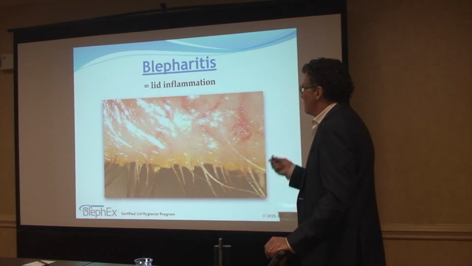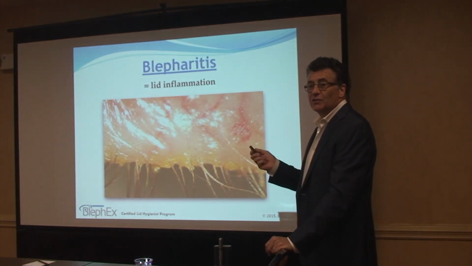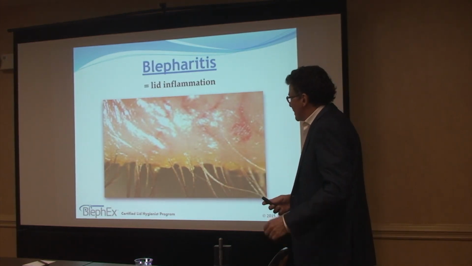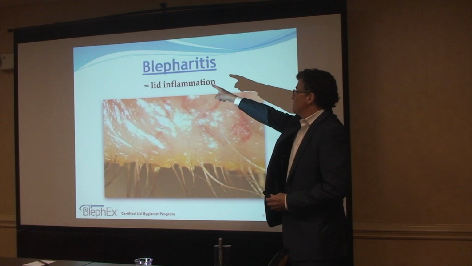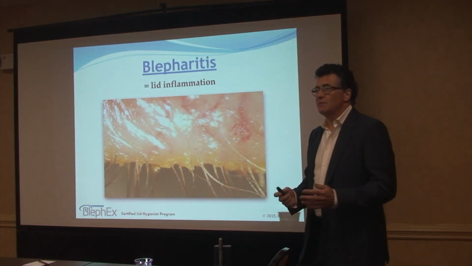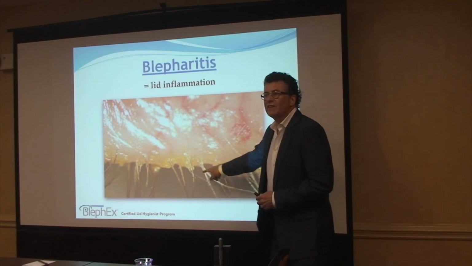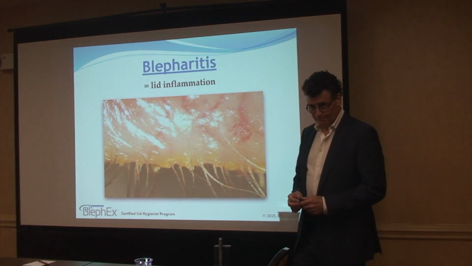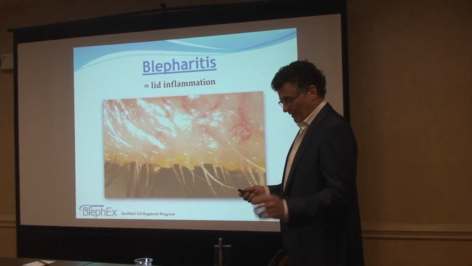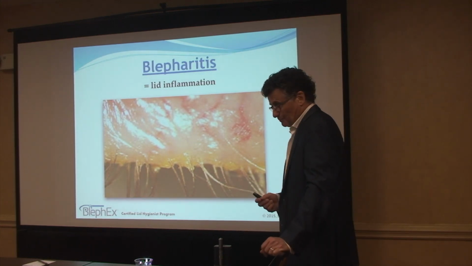So let's talk about what Blepharitis is and what it's not. Blepharitis means lid inflammation. Bleph is lids, itis is inflammation, so it means lid inflammation. That's all it means. It doesn't mean scurf in the lashes. But you ask any doctor out there, and I was one of them.